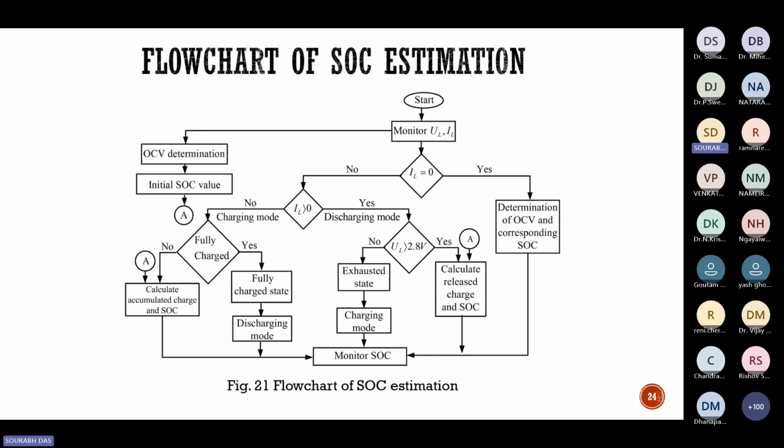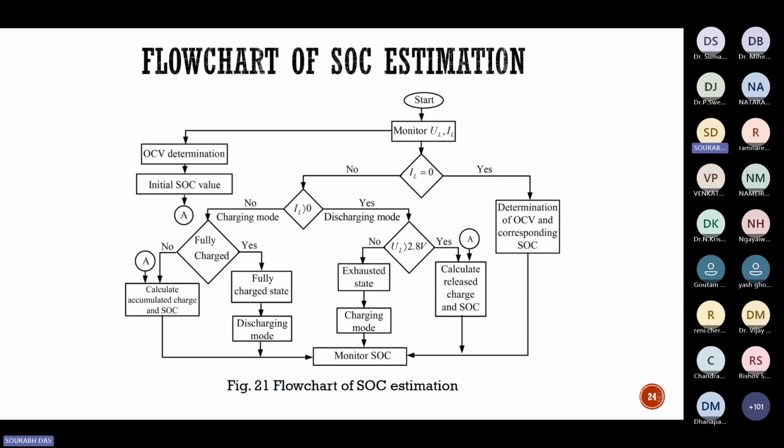When the battery is in the charging mode, it checks whether the battery is fully charged or not, and if not fully charged, it continues to accumulate charge. Once the battery is fully charged, the system records the battery state and switches to the discharging mode.